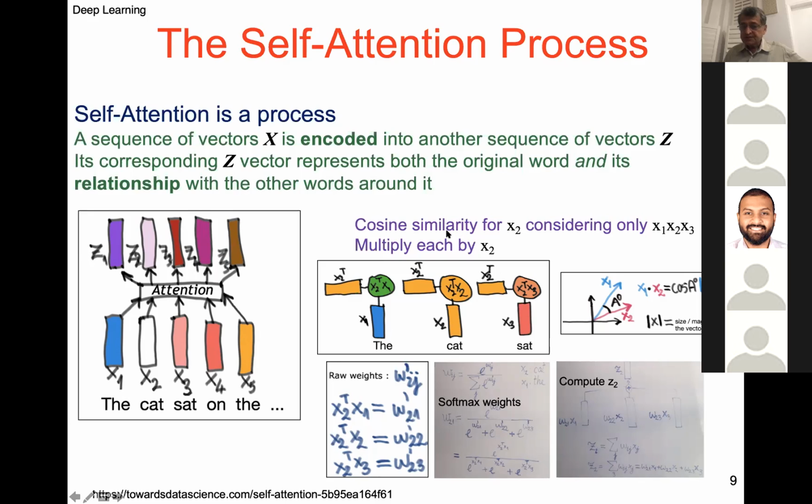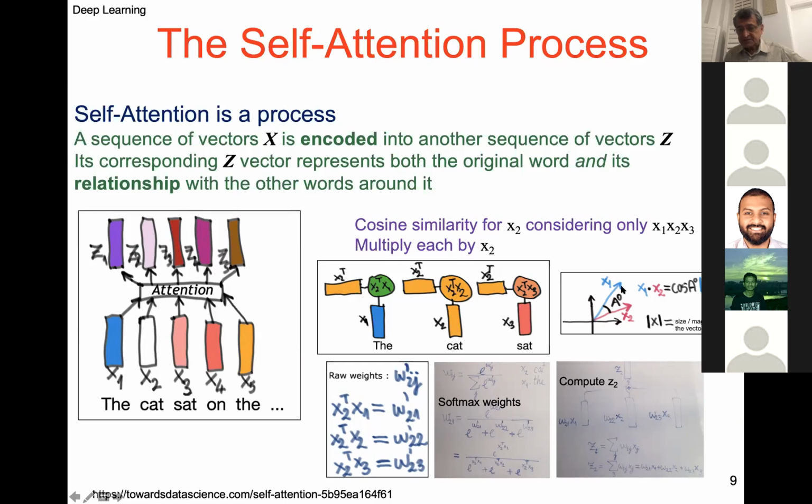using what's called cosine similarity. Cosine similarity is a very commonly used concept in pattern recognition, where if I give you two vectors and ask you how similar the two vectors are, you would take the cosine similarity between them. The cosine similarity is obtained by taking the cosine of the angle between them.